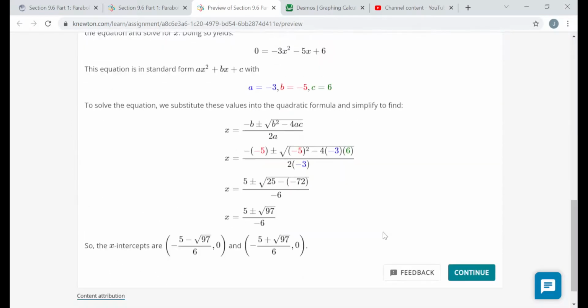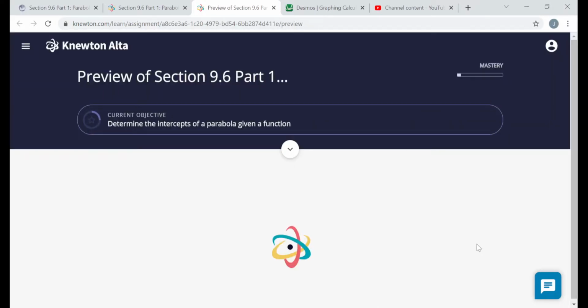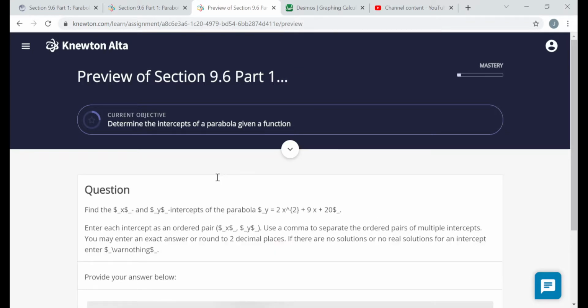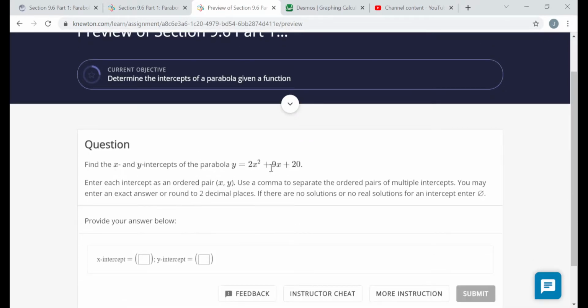All right, so let's continue on. So that was a lot, I know, but I'm going to do the same stuff every time. All right, so here again we're still working the same objective: determine the intercepts of a parabola given a function. So we're given this quadratic function here, y equals, and it's in the form we like, right?